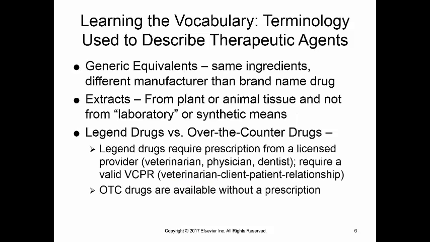So we have generic equivalents, and these are using the same ingredients from the label name or the label drug, so the one with the trade name, but we just have a different manufacturer than the brand name drug. We also have extracts, so extracts come from plant or animal tissues and are not from the laboratory or in synthetic means.